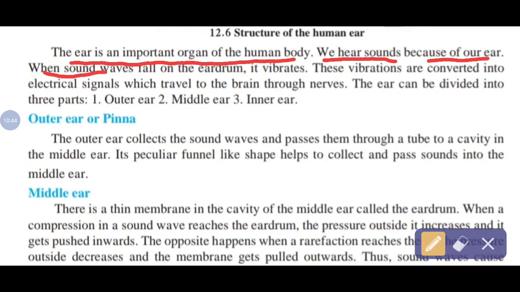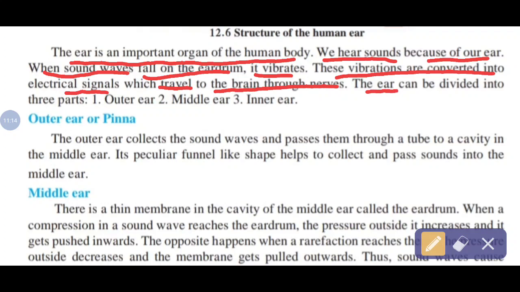When sound waves fall on the eardrum, it vibrates. These vibrations are converted into electrical signals which travel to the brain through the nerves.